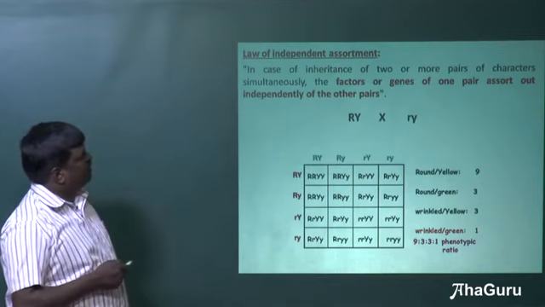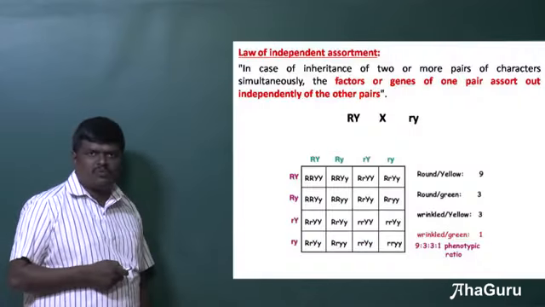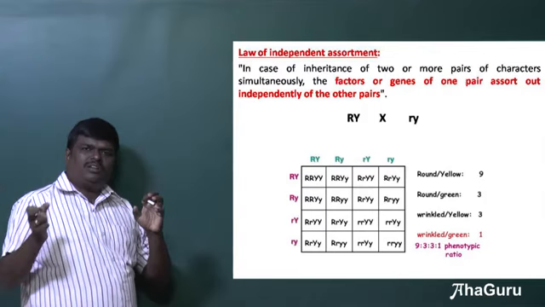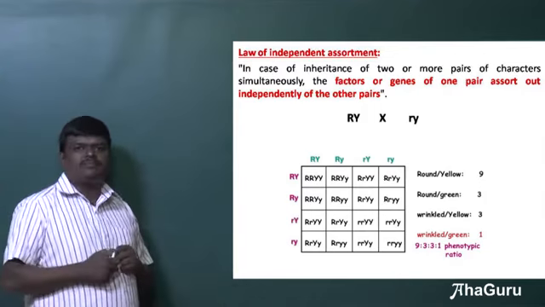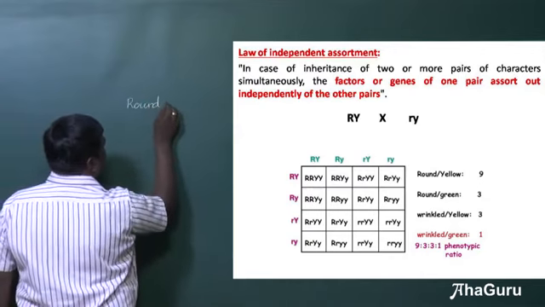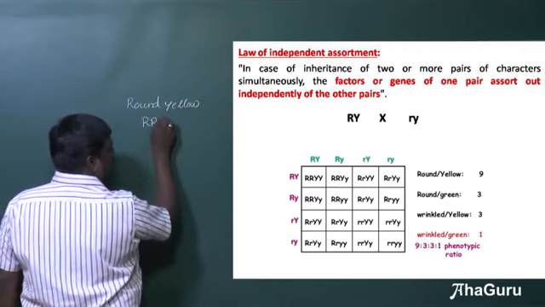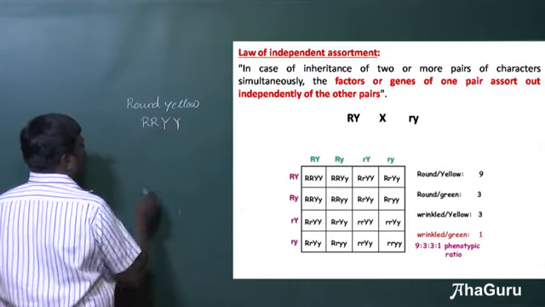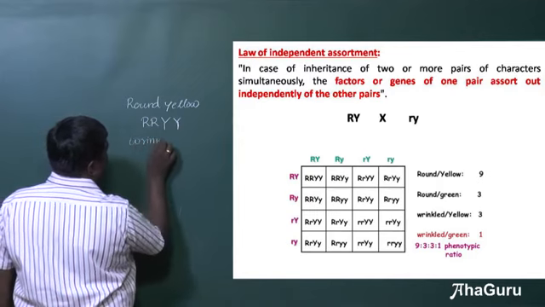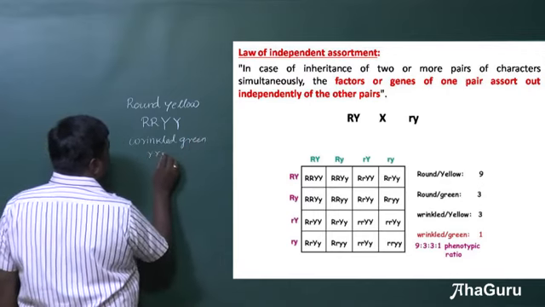When the factors or genes of one pair assort independently of the other pairs, that is what the law of independent assortment explains. It tells us that even though the characters were different, for example, round yellow, this is capital R and capital Y, and the other is wrinkled green, that is small r, small y.